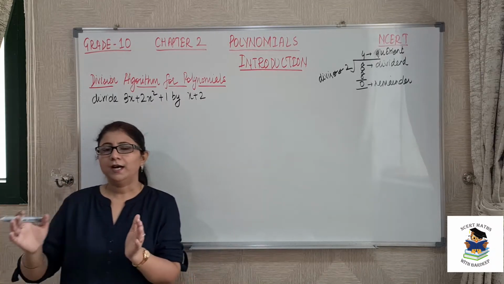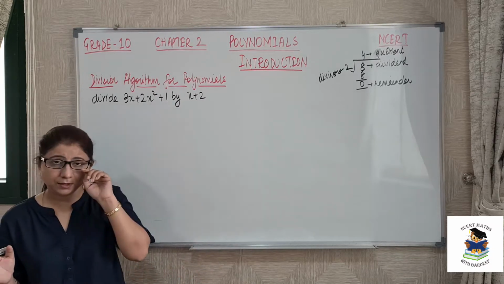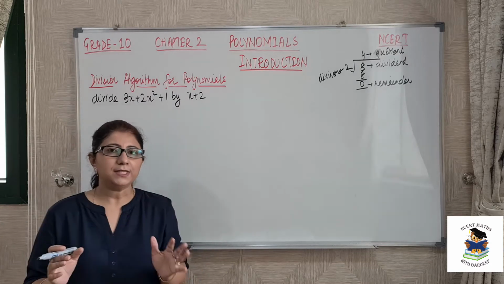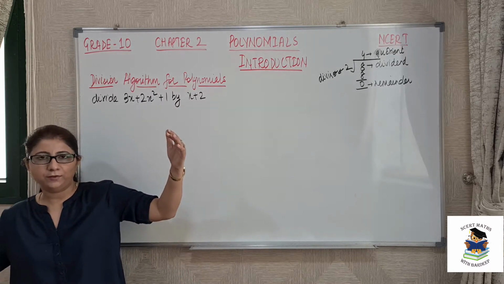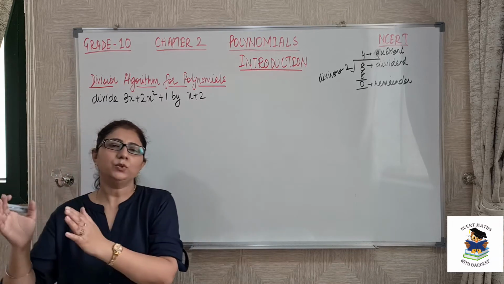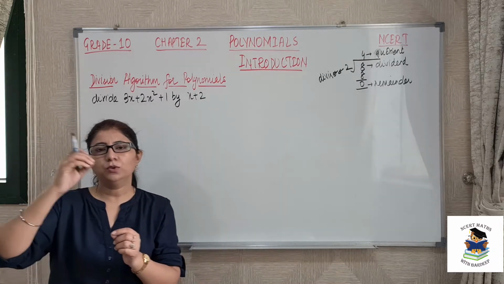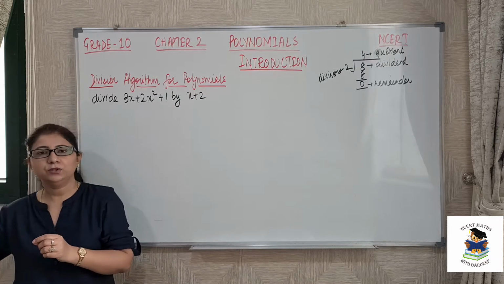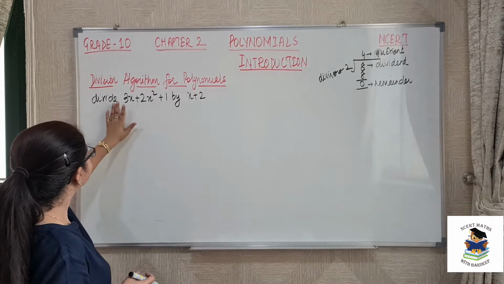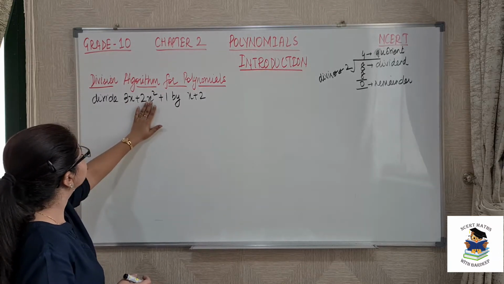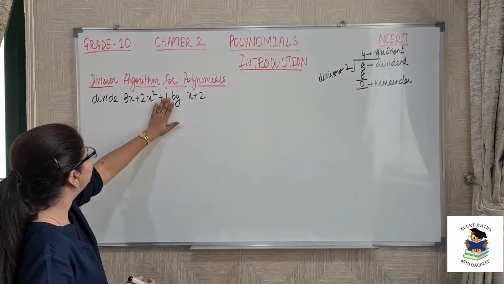But if there are certain terms where power is missing, like one term is having power 4 and after that only power 1 is there, so 3 and 2 are missing, you will always write 0 times x square, 0 times x cube. Okay, so let's see the first step here. This is 3x, this is 2x square and 1.